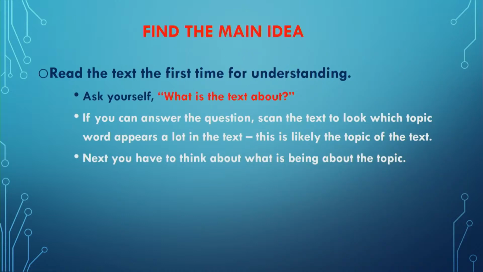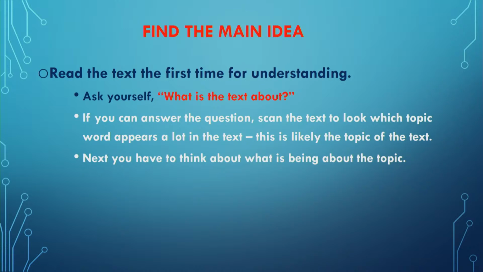All right, next you have to, while still finding the main idea, you must read the text the first time for understanding. And then again, we said that you must ask yourself, what is the text about? If you can answer the question, scan the text to look which topic word appears a lot in the text.